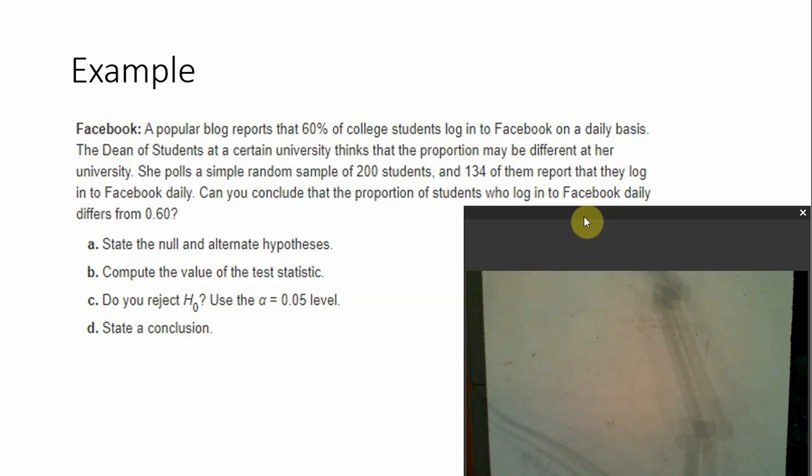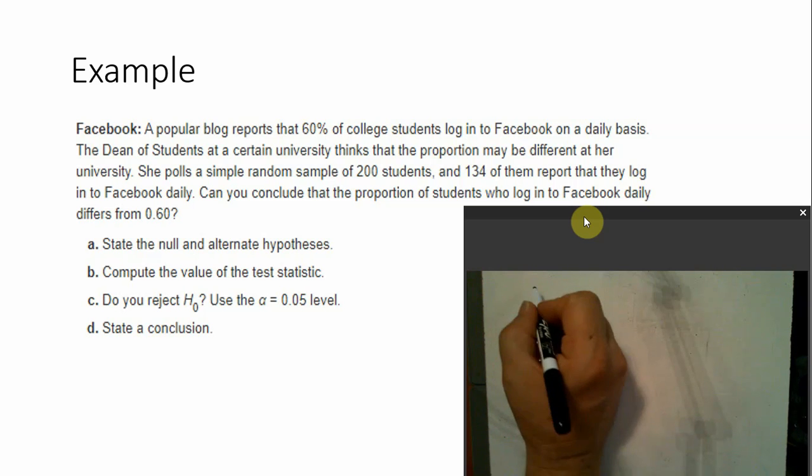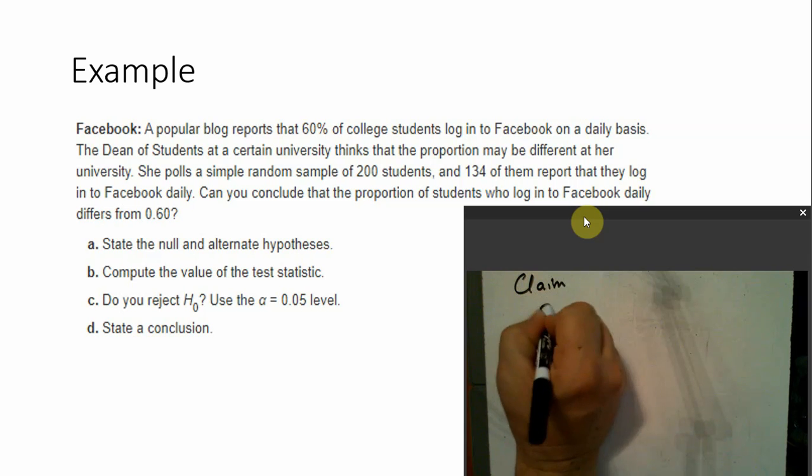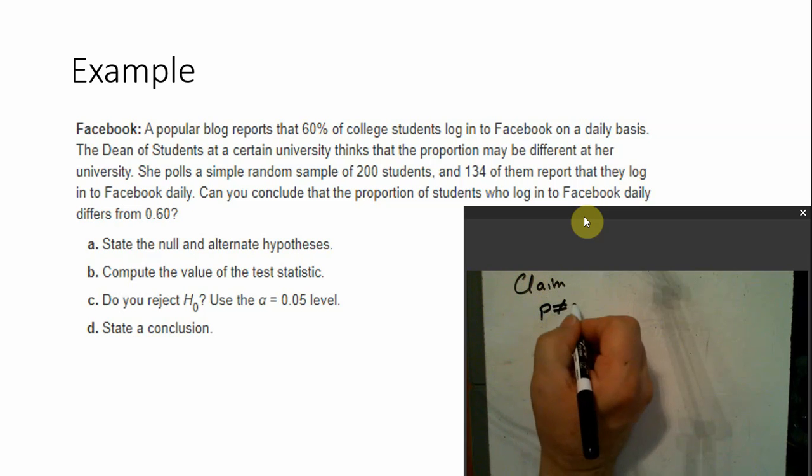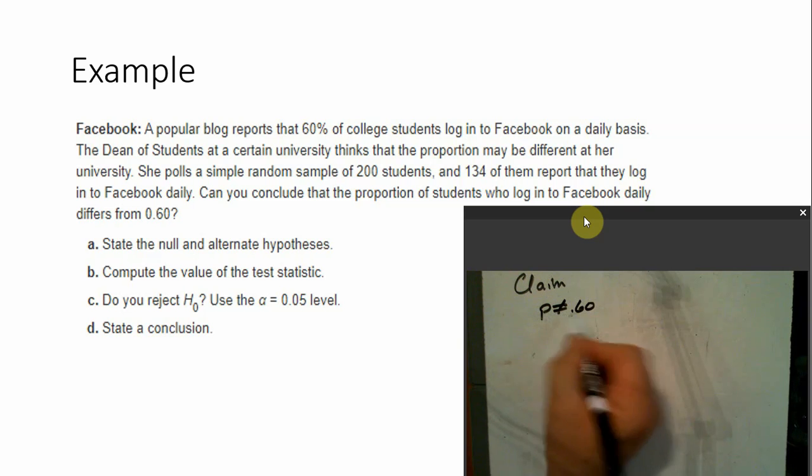So what do we want to do here? We want to test the claim that the proportion of students who log in daily differs from 0.60. So we start with the claim again. Here's our claim: p is not equal to 0.60. It differs, so it could be less than or greater than.